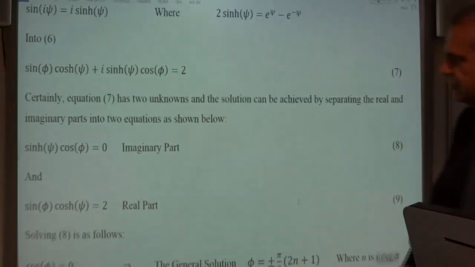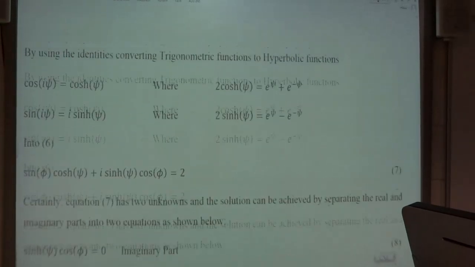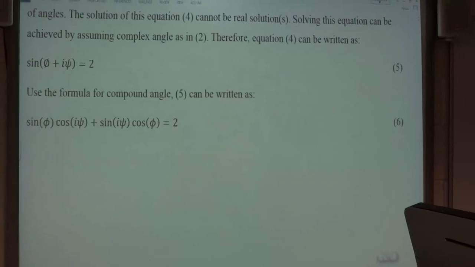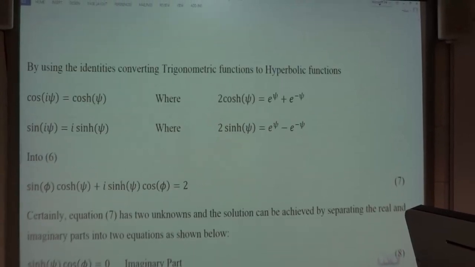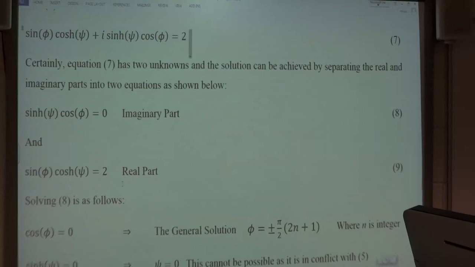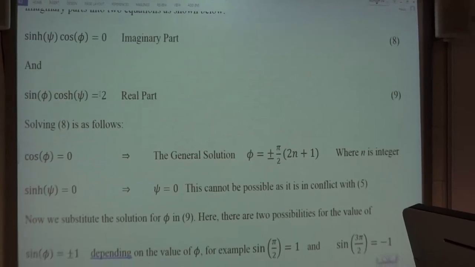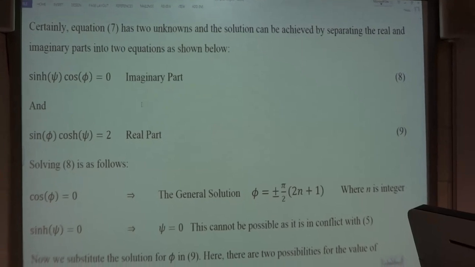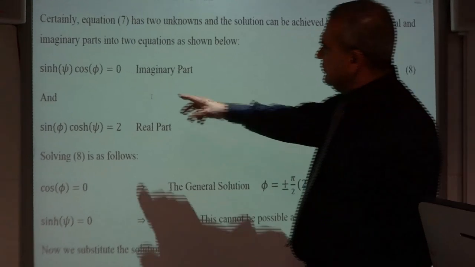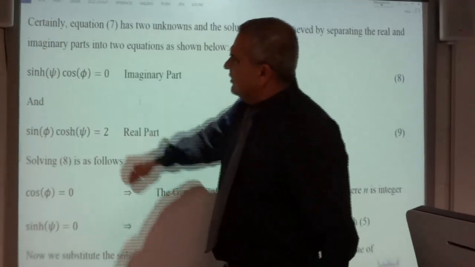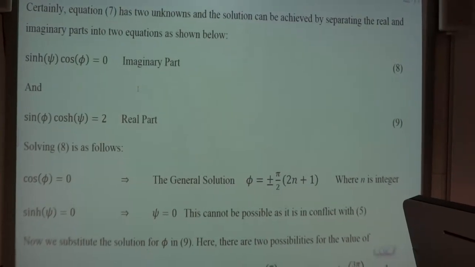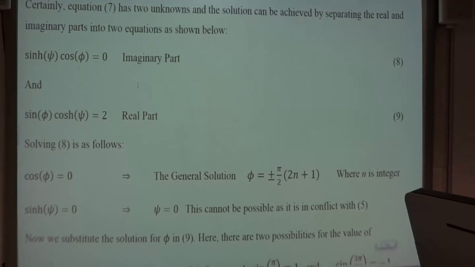So if I take you back here, once you expand it, it looks like this: the real part is equal to 2 and the imaginary part is equal to 0. So now you have two equations with two unknowns, those two angles, the imaginary part and the real part of your original angle theta.